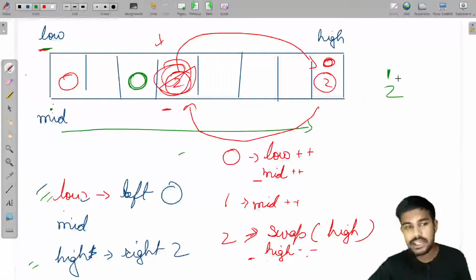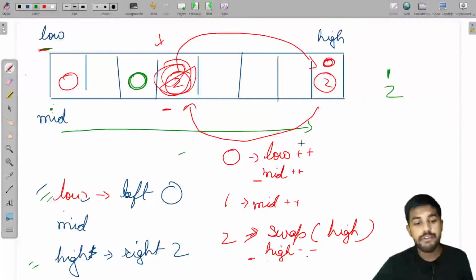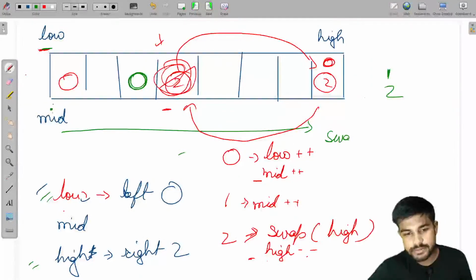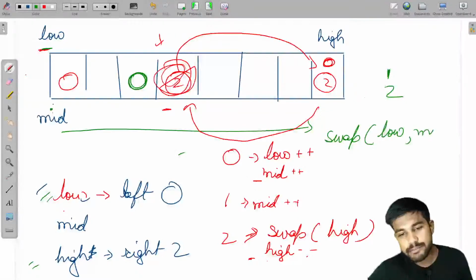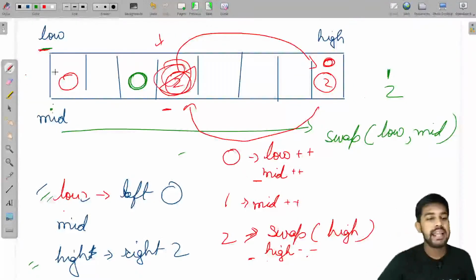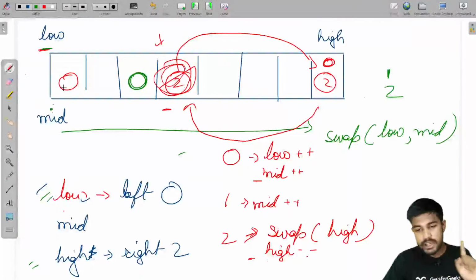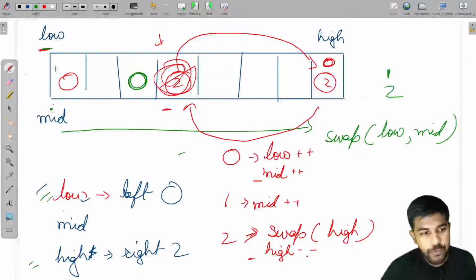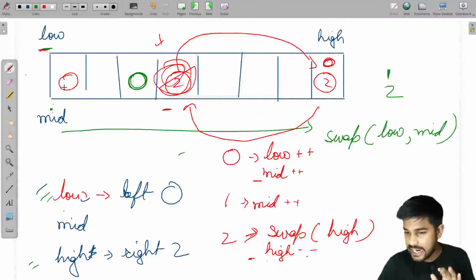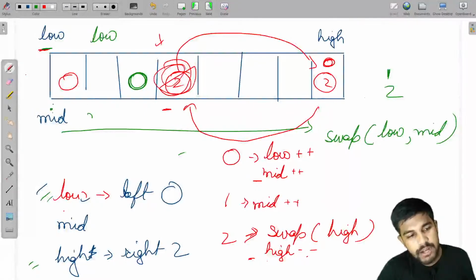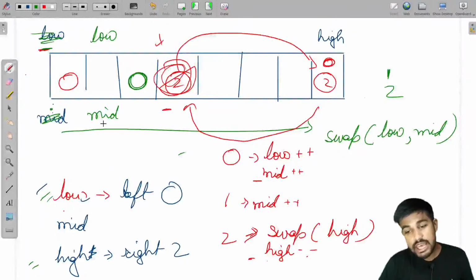We want that. So what we would do is we would swap low and mid. If we swap the low and mid, that would be 0 swapped with 0, and that won't affect us, and the low would now be at this position and mid also would be at this position. And that is our complete solution.